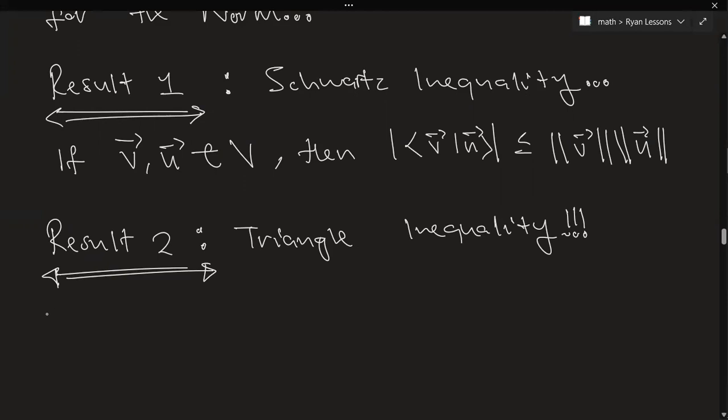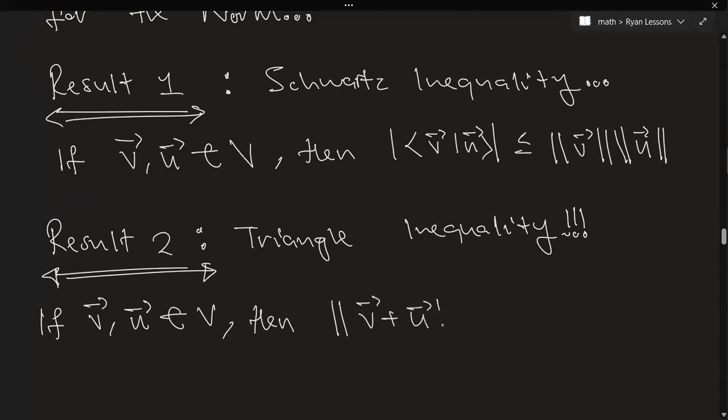It says that if v and u are elements of some vector space V, then the norm of the sum u plus v is less than or equal to the sum of the norms of v and u.